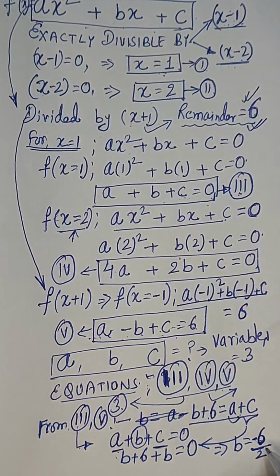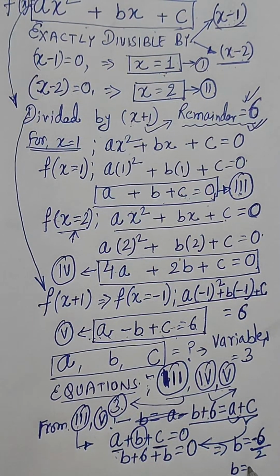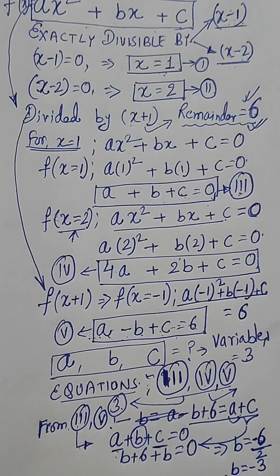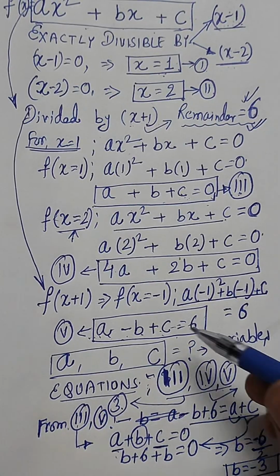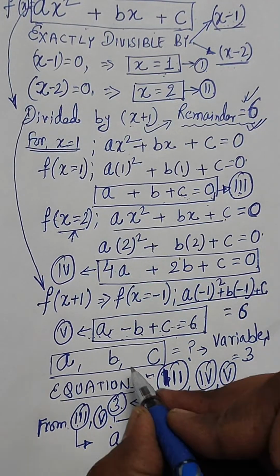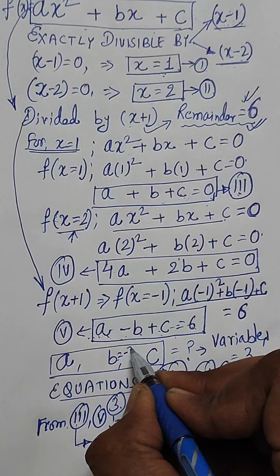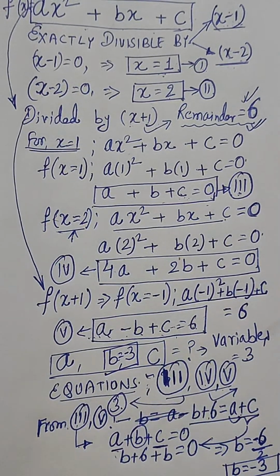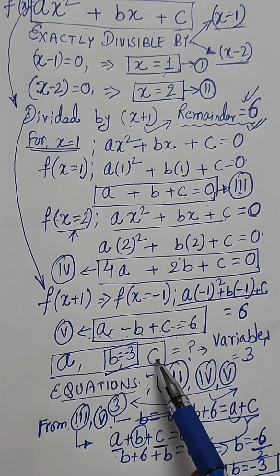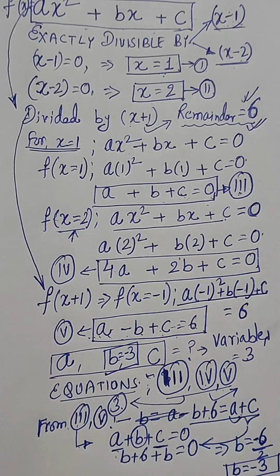This will give you the value of b as equal to minus 3. So this is one of the values which is calculated. Now my dear friends, we still have two variables, a and c. What is the value of a? What is the value of c? Let us see.